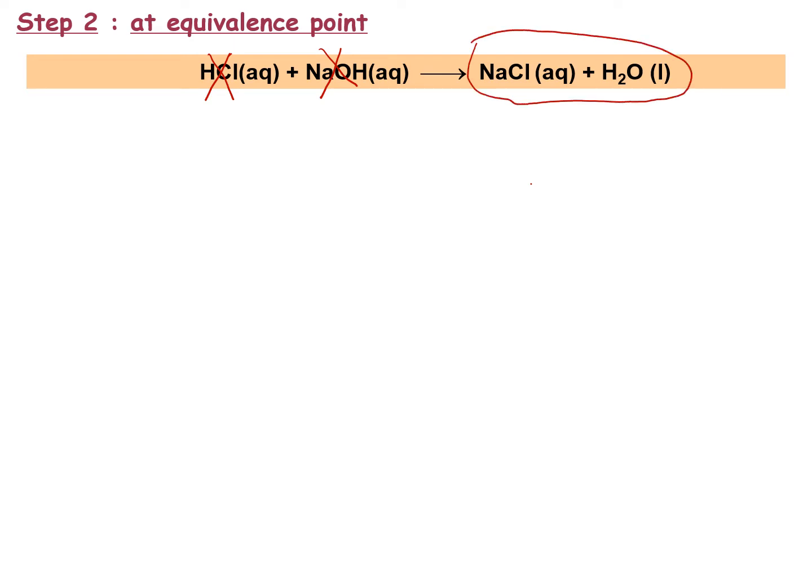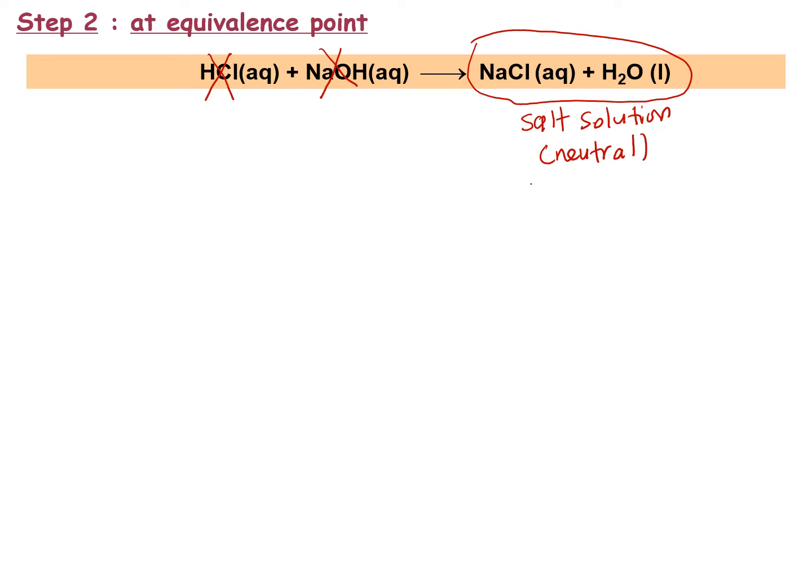So here we get a salt solution. By right, from here you can already determine, since we have a strong acid reacting with a strong base, what type of salt will we get? We are going to get a neutral salt. So I just put it here, neutral salt.